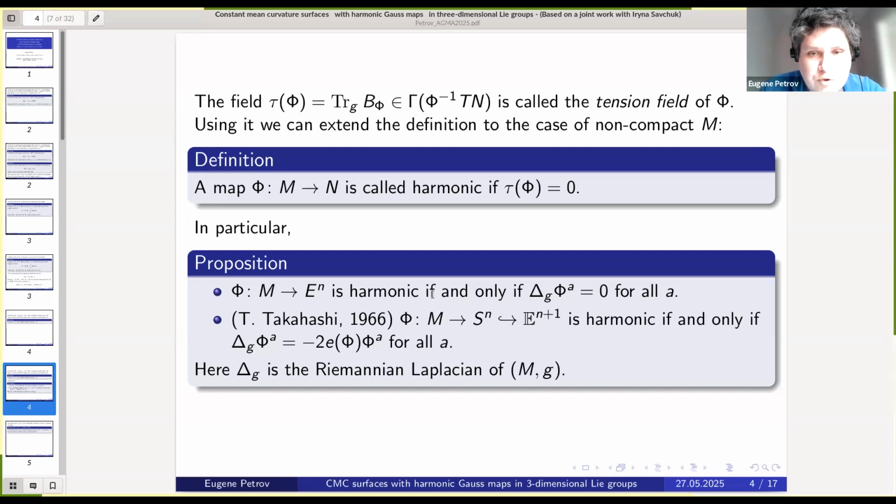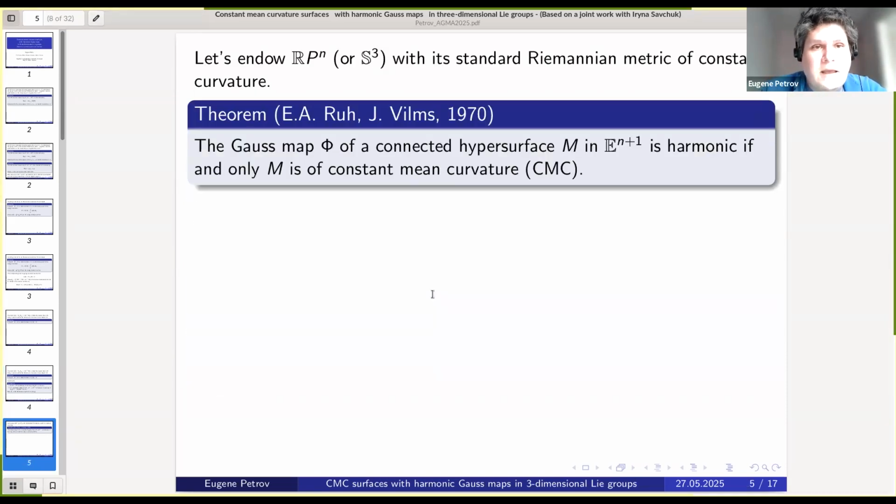In fact, not only for maps into spheres, but also for maps into projective spaces, using the usual universal covering.